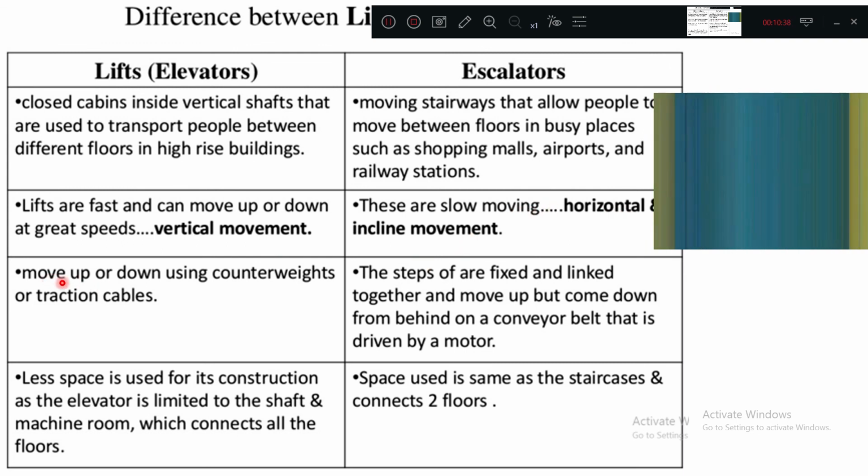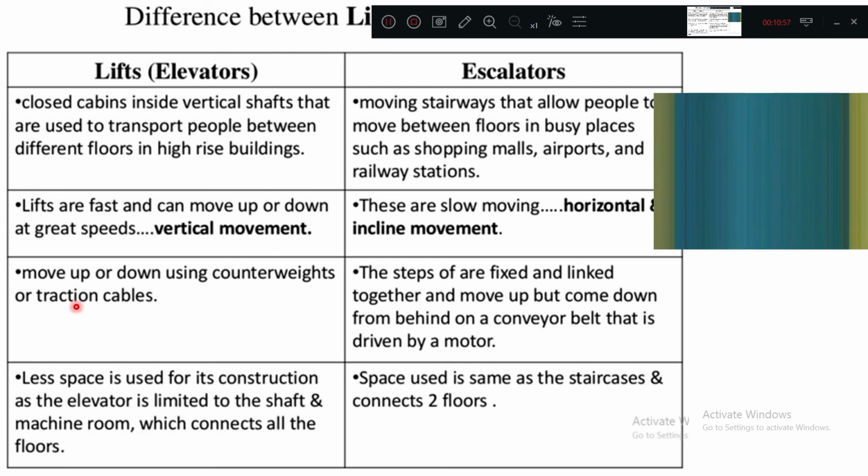Lifts move up or down using counterweights or traction cables. In escalators, the steps are fixed and linked together and move up but come down from behind on a conveyor belt that is driven by a motor.